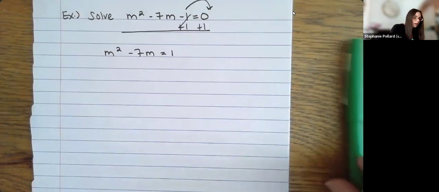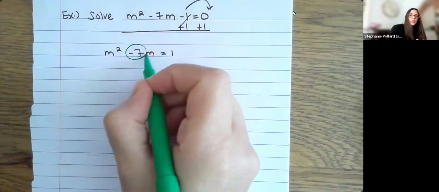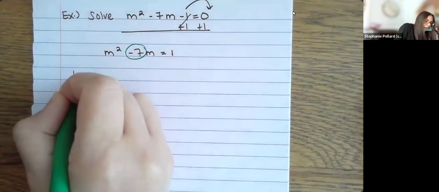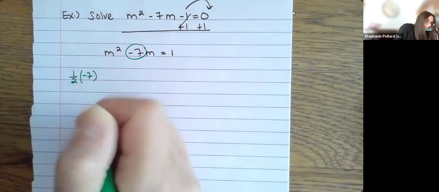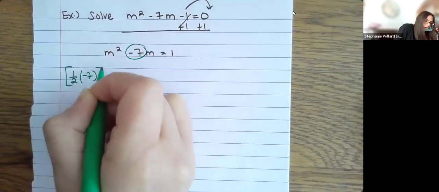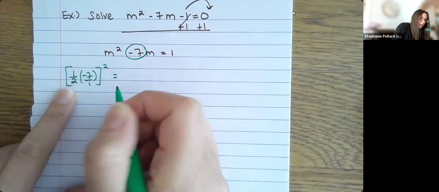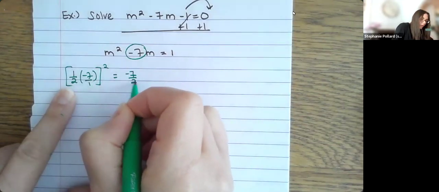All right, so now let's start. I'm looking at whatever the coefficient is with that plain variable term, so the one that's not squared. Here I'm going to take 1/2 of it, and then I'm going to go ahead and square that. Now, 1/2 of -7, you can write this as -7/1, so this is just -7/2.